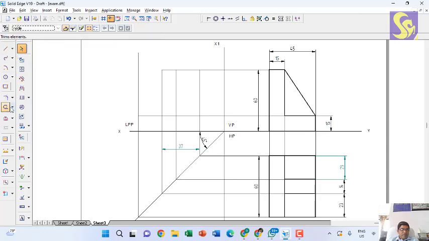Okay, I can split this at this point, and make them thick lines.